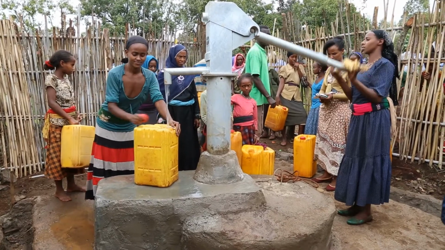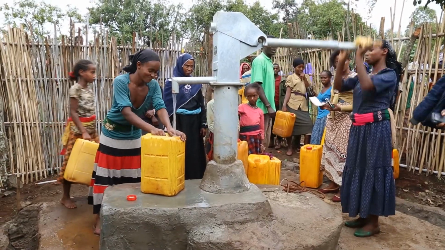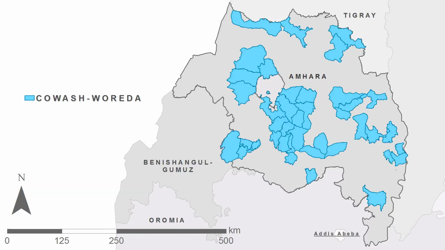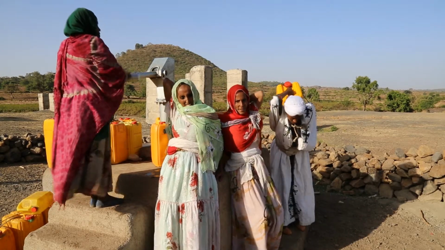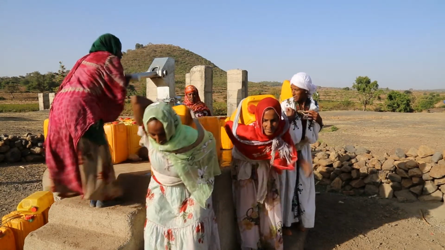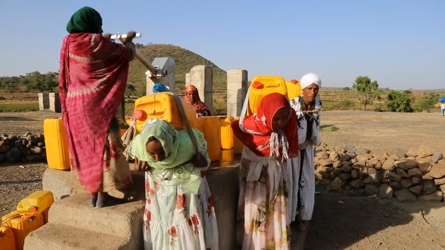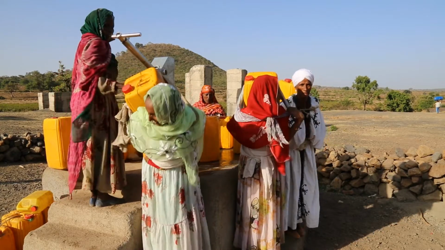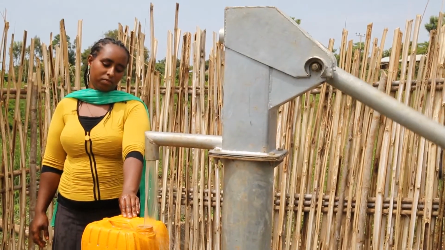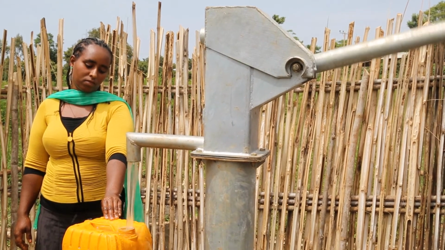Community managed project approach was first developed in Amhara region in 2003. Because of the impressive results, CMP approach was adopted by Benishangul Gumuz region in 2008. Then in 2011, the approach was scaled up to the national level.